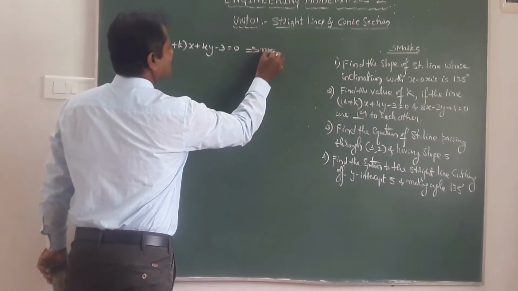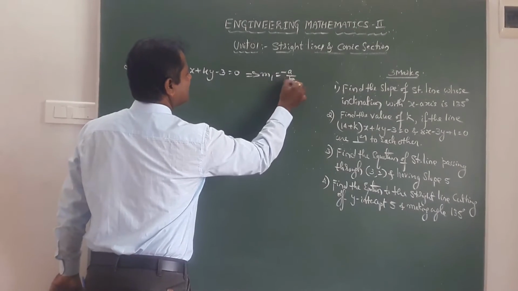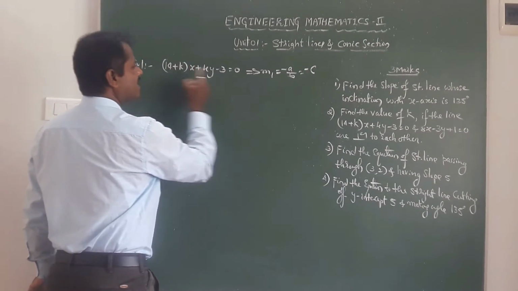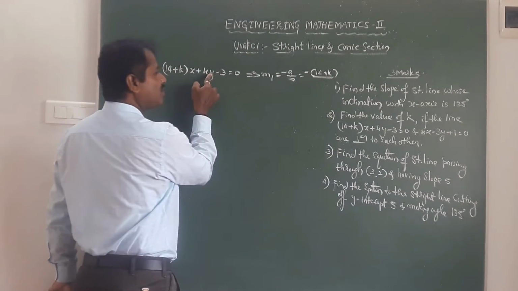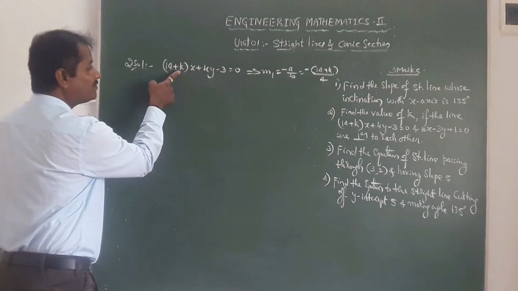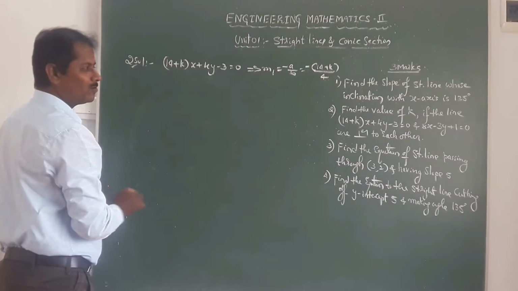We can find its slope by using the formula m1 is equal to minus a by b, where a is 14 plus k, and b is the coefficient of the y term, which is 4. So the slope of this line is minus (14 plus k) divided by 4.